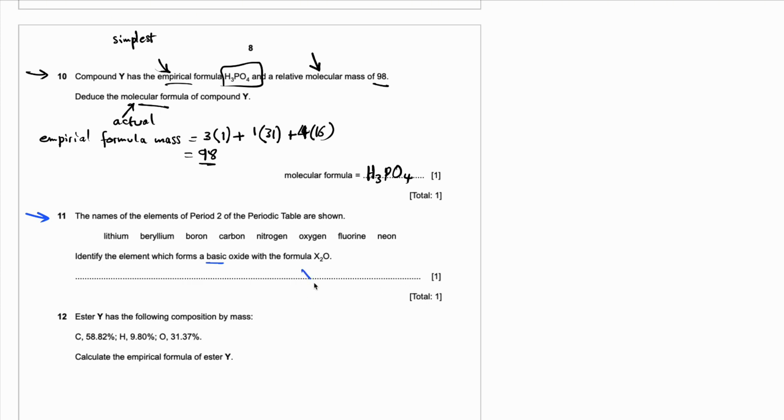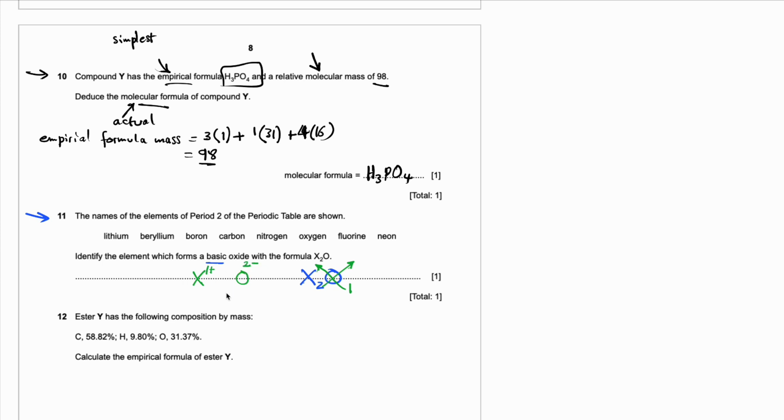If you work it out backwards, before you crisscross, the numbers were like this. The 2 was here as a power of oxygen, and the 1 was here as a power of X. It means X has a charge of 1 positive, and oxygen has a charge of 2 negative.